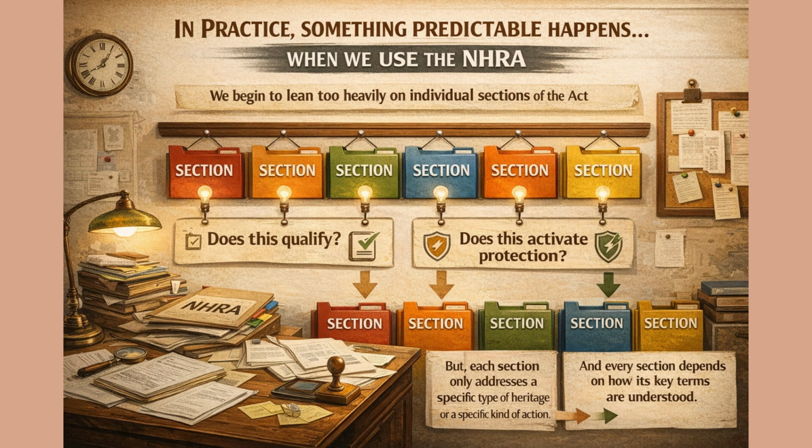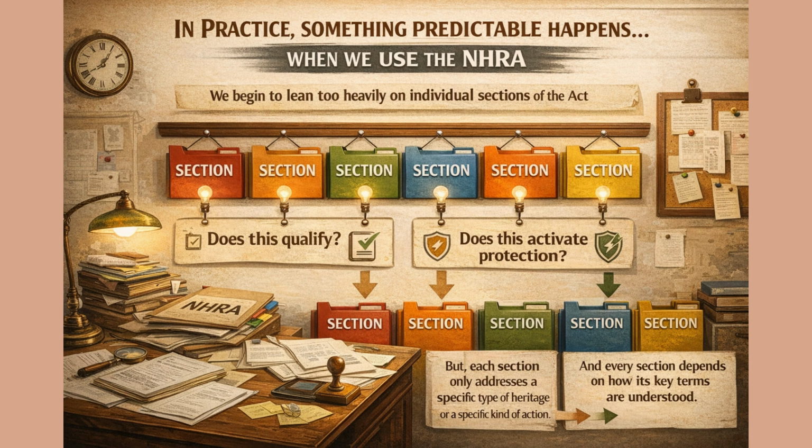In practice, something predictable happens when we use the NHRA. We begin to lean too heavily on individual sections of the act. Each section becomes a trigger. They are used as a quick way to decide, does this qualify, and does this activate protection?